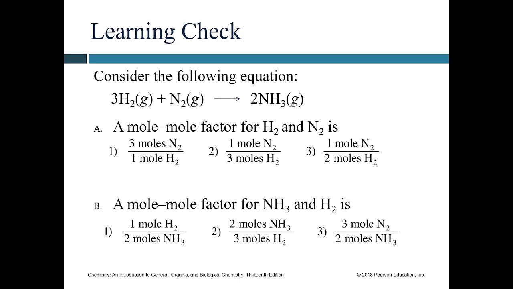So what's the coefficient for N2? That's 1. The coefficient is the thing in front of it. Notice I said for N2, right? So it would be a 1 if there's nothing there. You don't need a number because it exists.